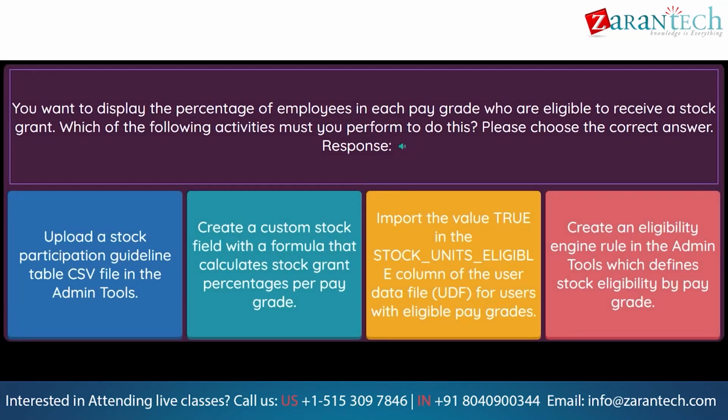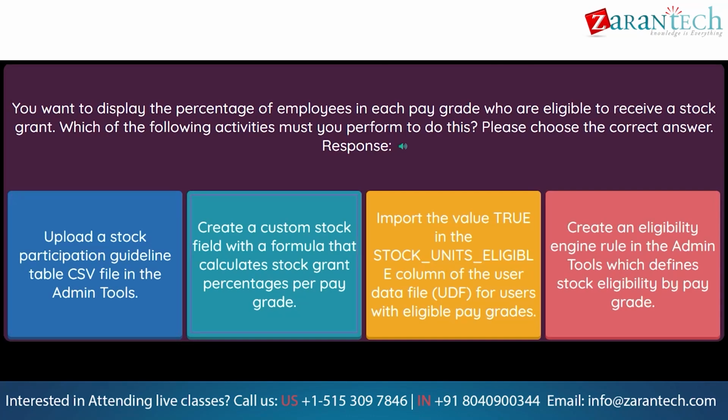Question: You want to display the percentage of employees in each pay grade who are eligible to receive a stock grant. Which of the following activities must you perform to do this? Please choose the correct answer. Response: Option 1, upload a stock participation guideline table CSV file in the admin tools.